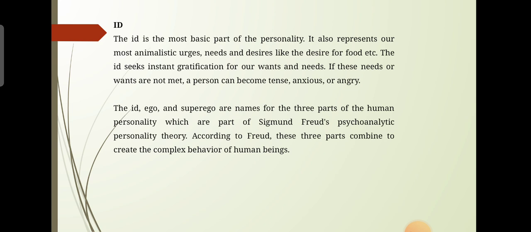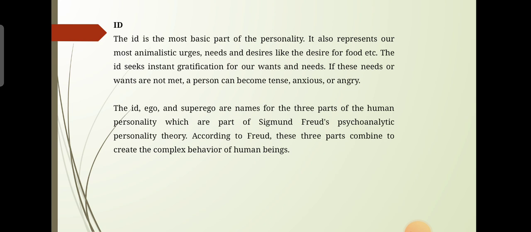The first one is the id state. The id is the primitive instinctual part of the mind that operates on the pleasure principle. It seeks immediate gratification of basic desires and needs such as hunger, thirst, etc. The id operates on unconscious impulses and is not concerned with morality, reality, and social norms. It is often described as the devil on the shoulder.